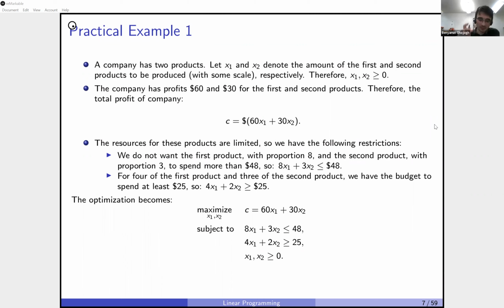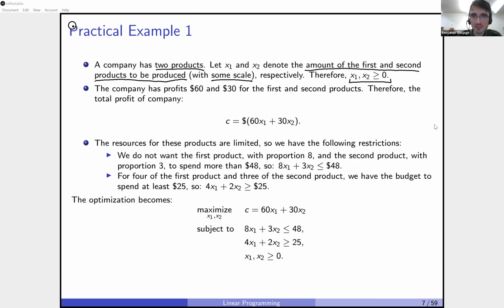So a company has 2 products, for example. It can be any number of products. In this example it is 2. Let x1 and x2 denote the amount of the first and second products to be produced, right? With some scale. The scale might be anything, for example kilograms, or if it's a length-based thing, centimeters or whatever.